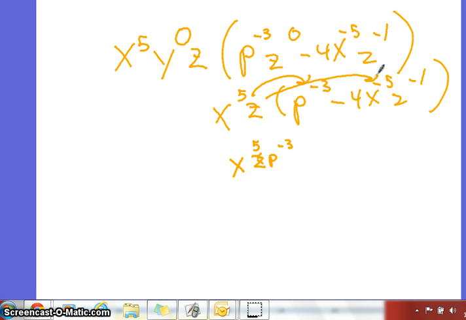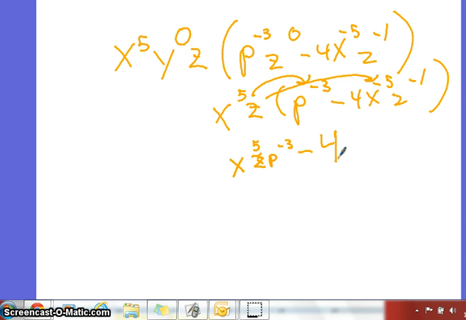All I have left is minus 4. That 4 can't go away, 4 is still there. My x's got rid of themselves because x to the 0 power is 1, and z got rid of itself because z to the negative first power and z to the first power is 1. And 4 times 1 times 1 is still going to be 4.